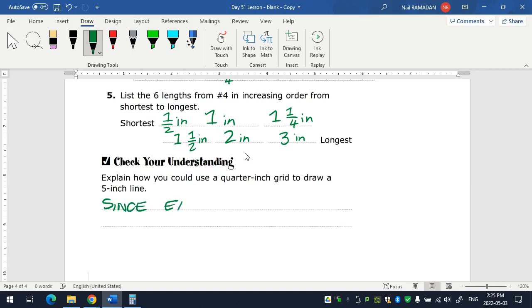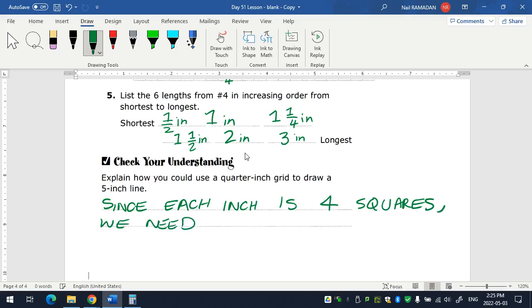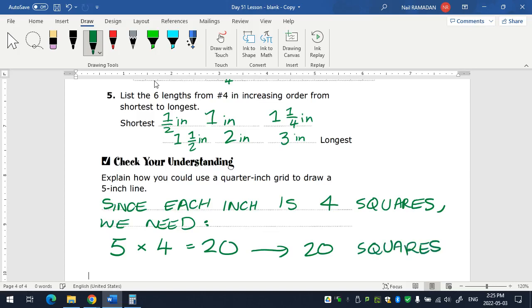Since each inch is 4 squares, we need 5 times 4 equals what? 20. We need 20 squares. Done. That's it.